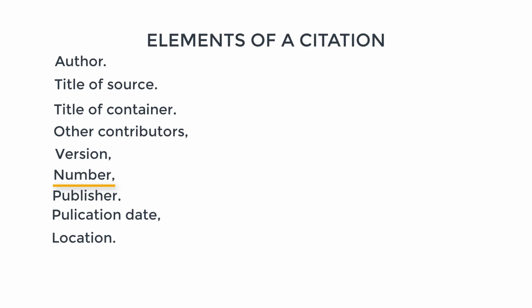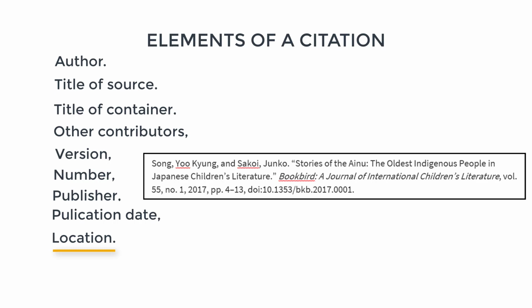It could also be the number of a report or episode, depending on the type of source being cited. Next, list the publisher of the work, followed by the publication date, and finally, the location. The location shows the reader where to go to find the work. It could be a specific page range, a physical location, or a URL or DOI.